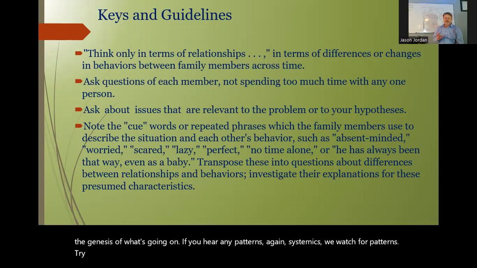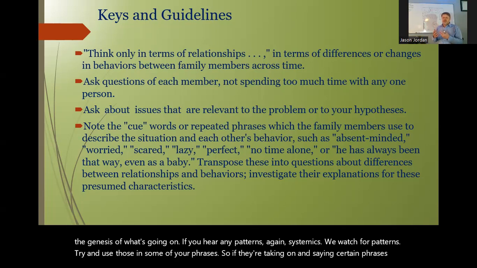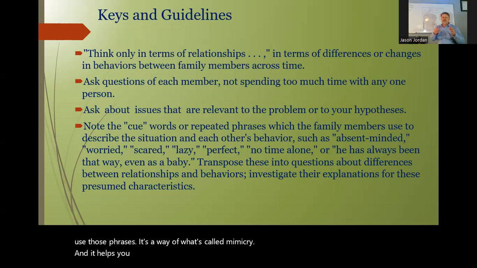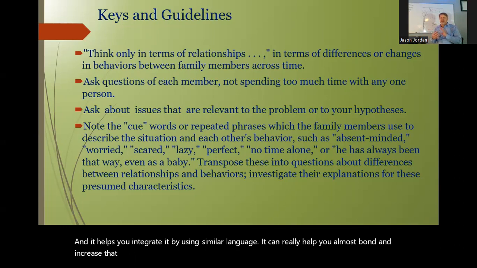Try and use those in some of your phrases. So if they're taking on and saying certain phrases, use those phrases. It's a way of what's called mimicry, and it helps you integrate by using similar language. It can really help you almost bond and increase that therapeutic alliance with the whole family a little faster.